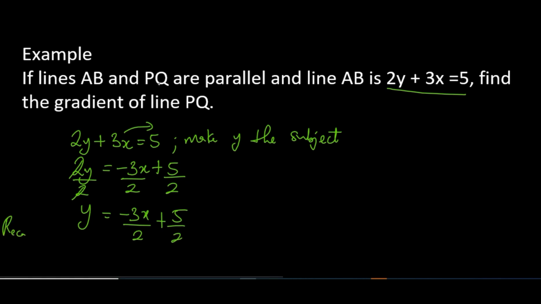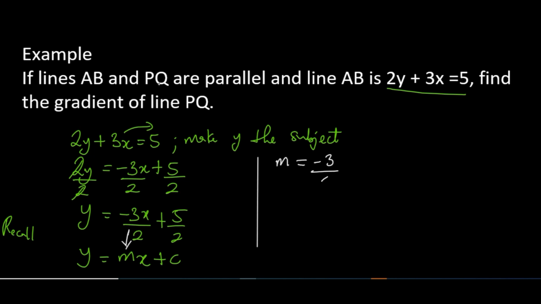If we recall the general equation of a straight line, which is y equals mx plus c, we will see that the coefficient of x there is the m, the gradient, which is -3 over 2 in this case for our line AB. So the gradient for the line AB is -3 over 2.